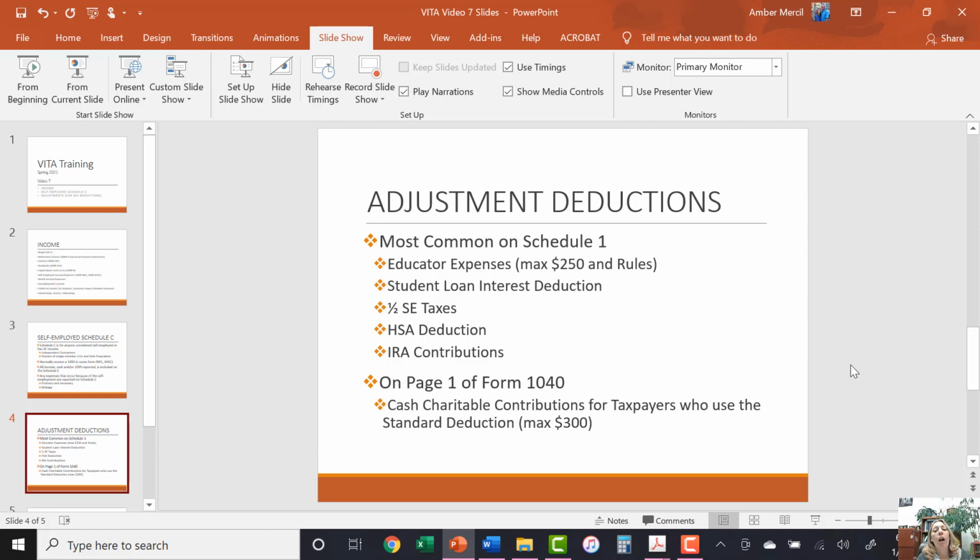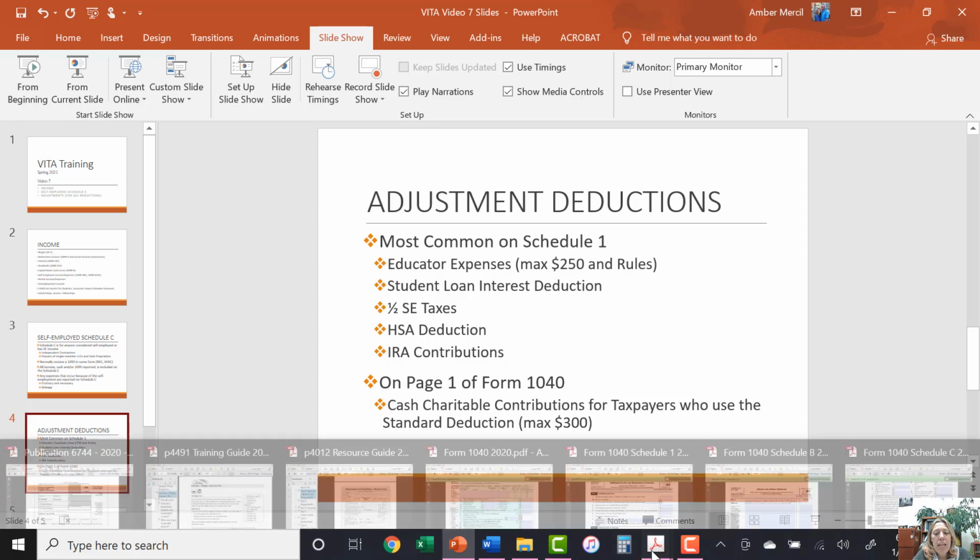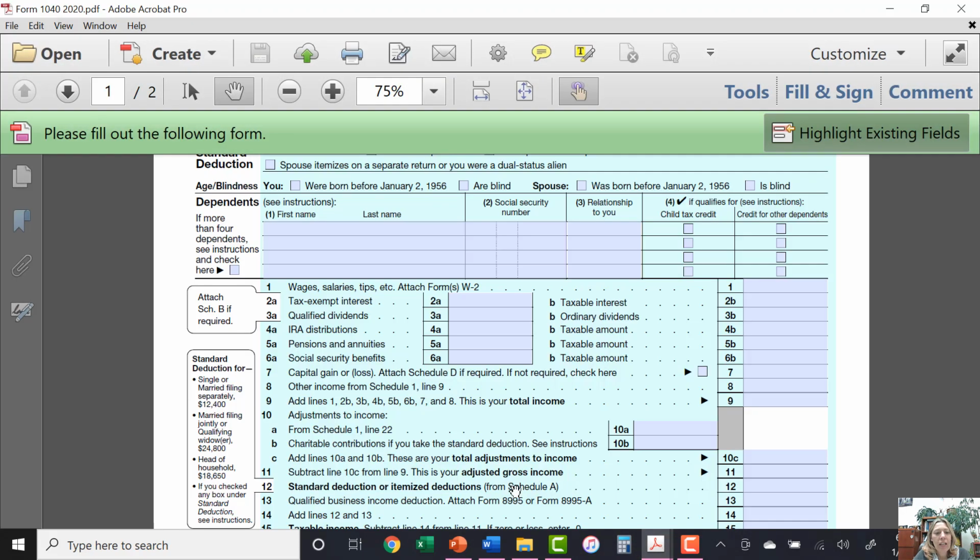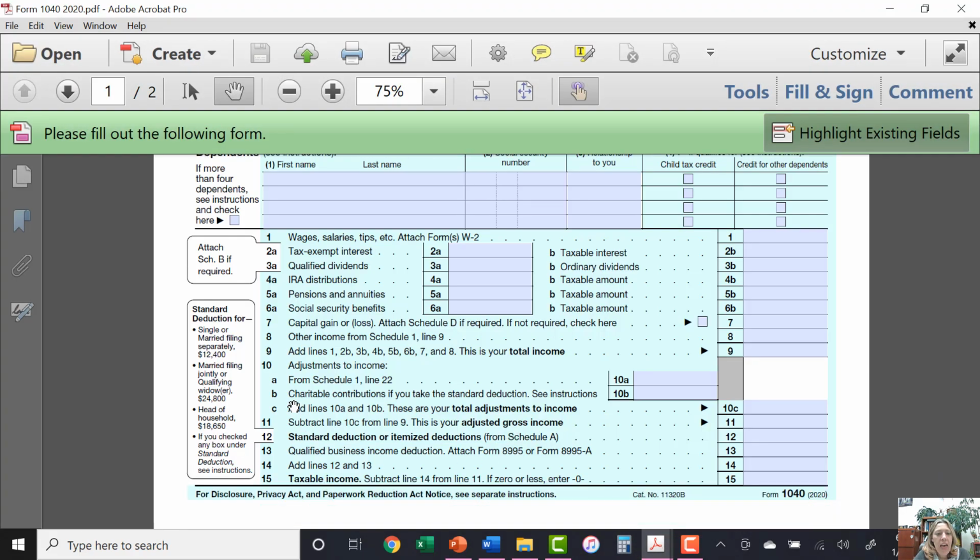There is one adjustment that's actually listed on the front page of the 1040. The one on the front page is this guy, charitable contributions if you take the standard deduction. That's something that's new this year.